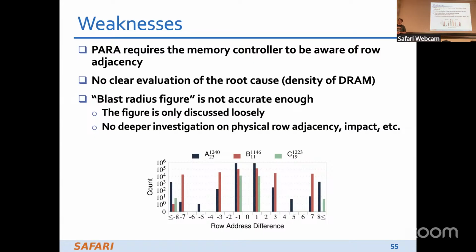All they talk about is that these are addresses they get and that they might not correspond to physical addresses, but there's no effort in the paper to go further into exactly what the physical adjacency could be and if all of these rows that are further than one are actually physically adjacent or not. They don't examine this at all.